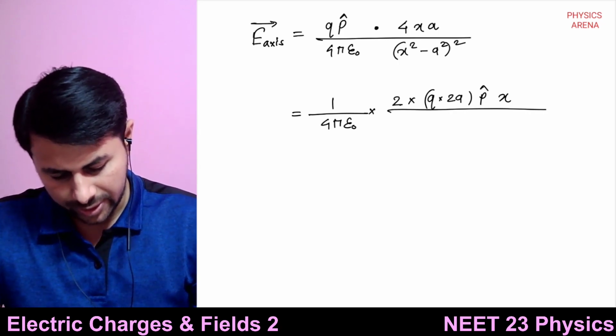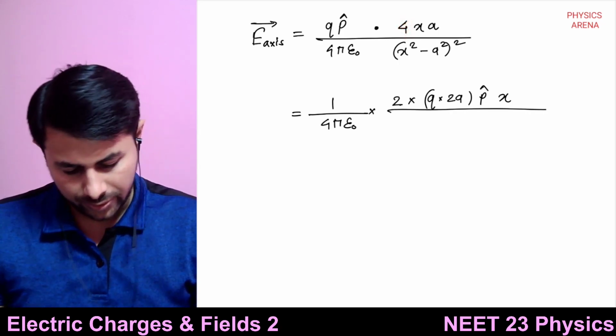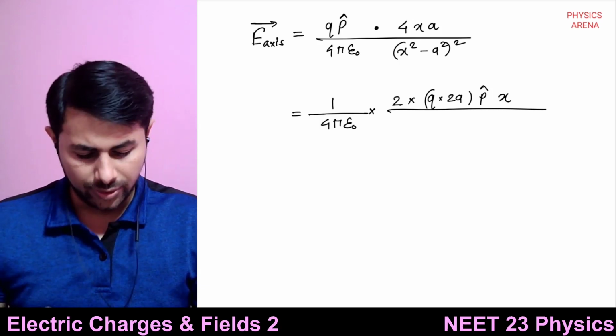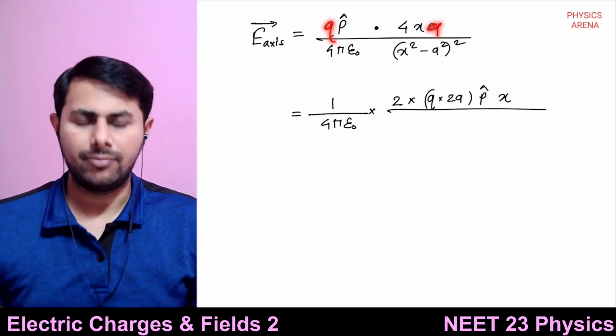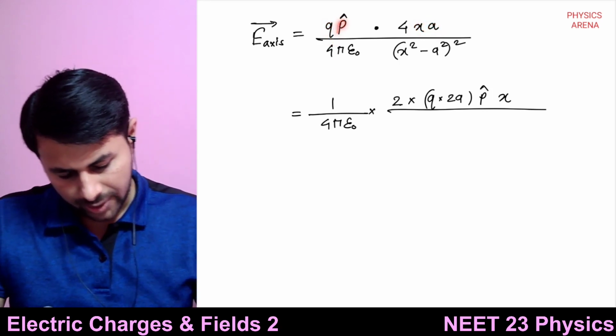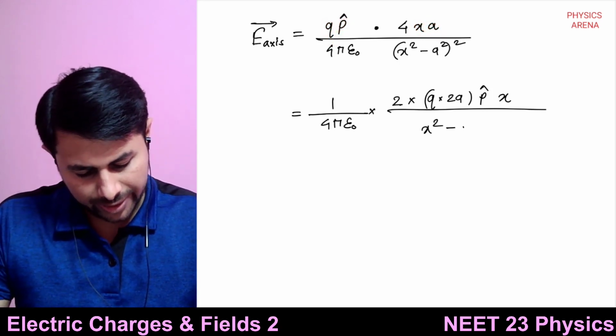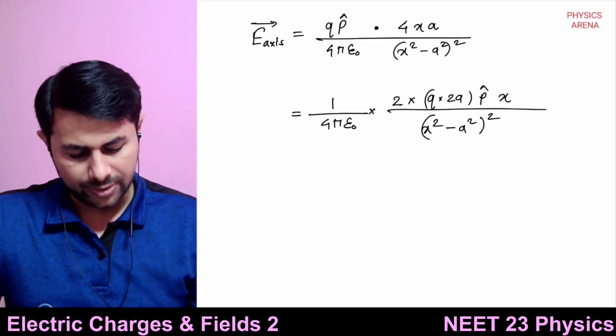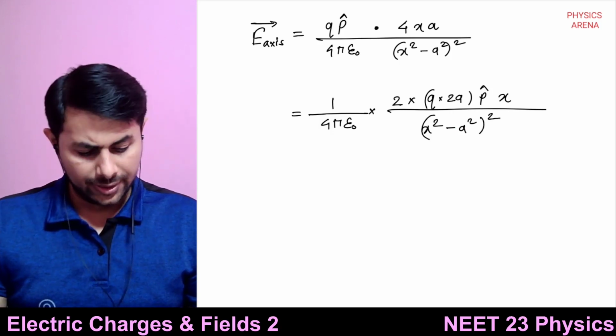So I have just written this 4 as 2 times 2. Okay, so it is 2 times 2qa multiplied by this x. Okay, and p cap. And in denominator you have x square minus a square, square of that, right?